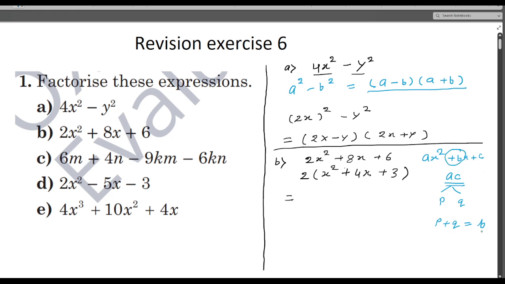If it is plus B, it is plus B; if it is minus B, minus B. The sum of P and Q should be the middle term, and the product of P and Q should be equal to AC.